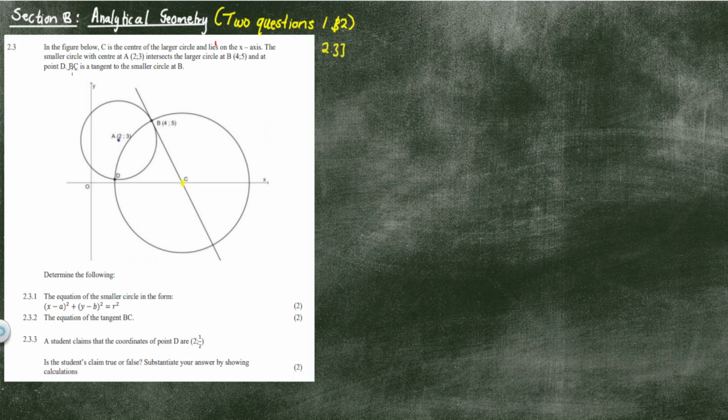The smaller circle with center A intersects the larger circle at point B and at D as well. Those are points of intersection. Then BC is a tangent to the smaller circle at B. So this yellow line is a tangent.